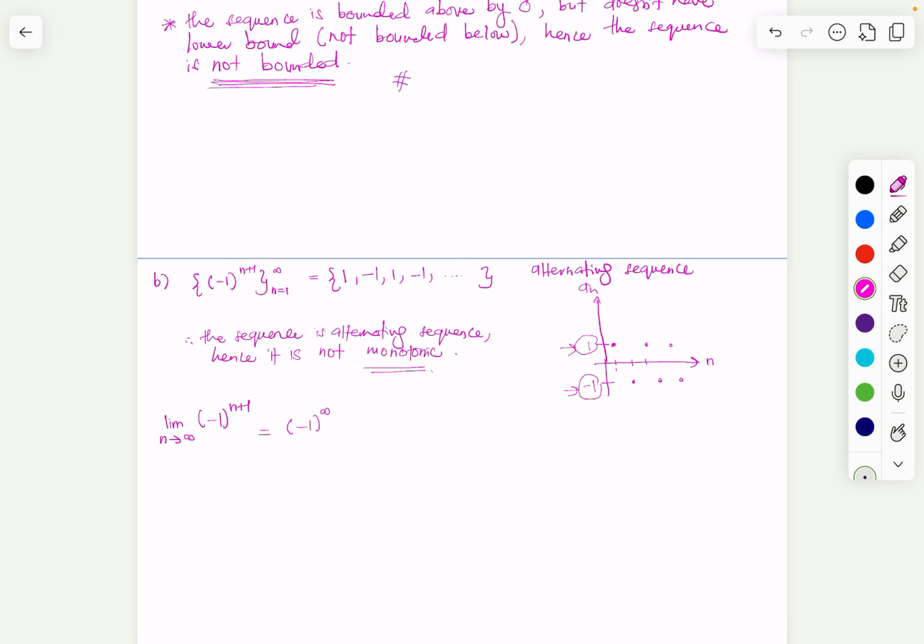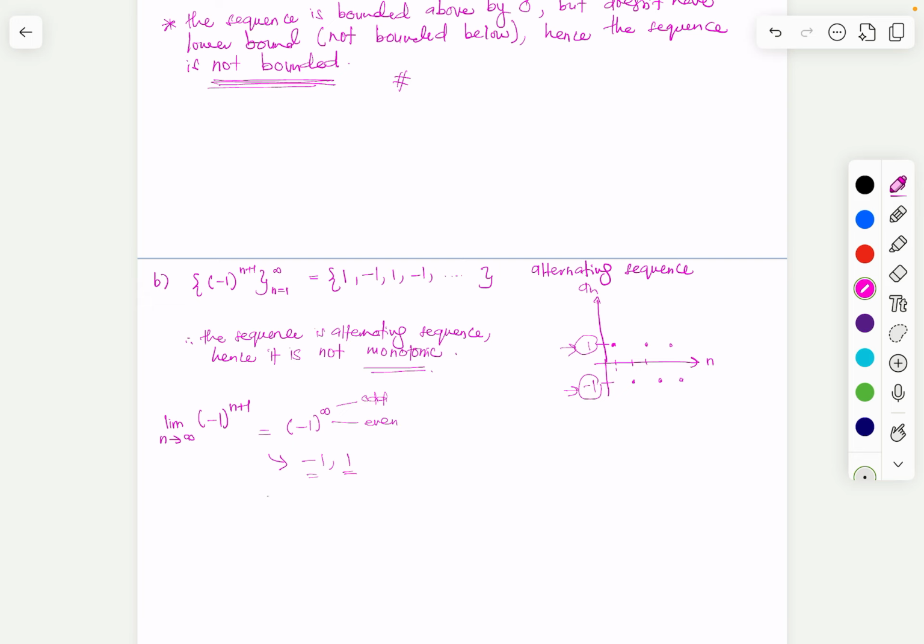If you put a very big value for the power, that is infinity, it could be either -1 or 1. It depends. If it is an odd number, then it gives you -1. But if the infinity is even, then it gives you 1. So in this case, it doesn't approach one number.